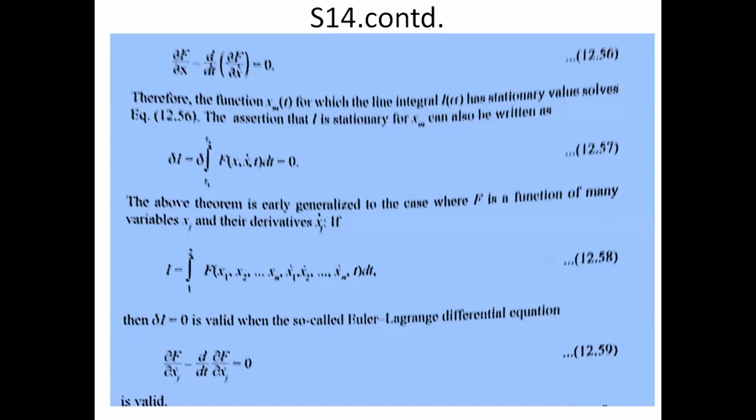Now you may ask, what purpose is this serving? The purpose is this, that nature is always economical. In its evolutionary process, nature has to follow a path for which a certain quantity will have to be minimum.